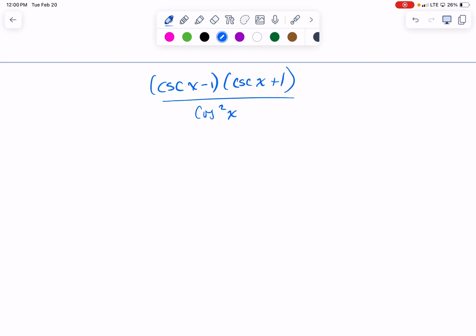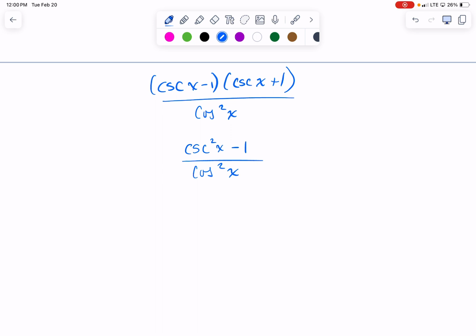Difference of squares, right? We're going to multiply it out, and we end up with cosecant squared x minus 1 over cosine squared x, right? After distributing all that. Do I need to show you every step? No, that makes sense. Because they're conjugates of each other, right?